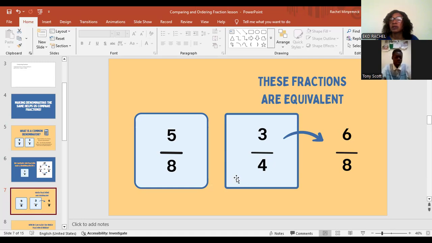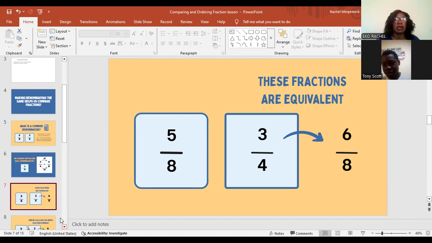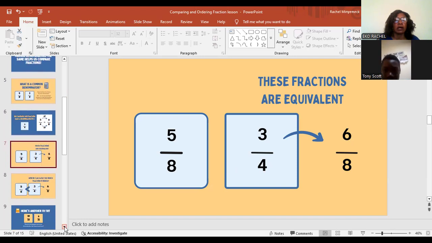I said these fractions you have on your screen, are they equivalent? No. Okay, how can you make them equivalent? By 2. You multiply 3 by 2. Okay, so now you multiply 3 by 2 so that they will be equivalent. Let's continue, then we'll go to our activity.